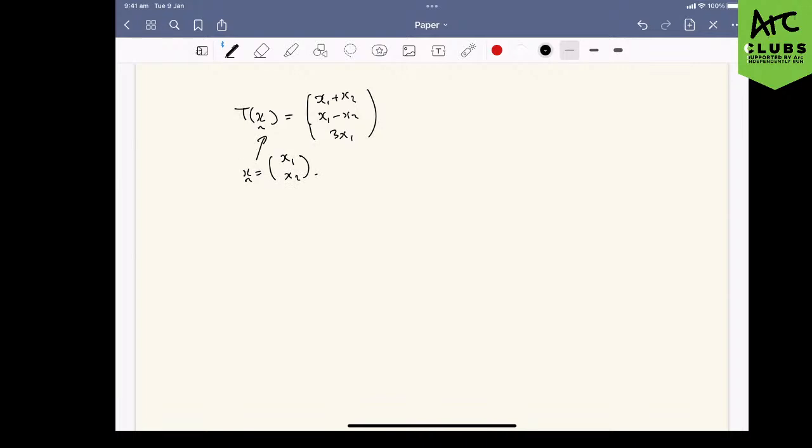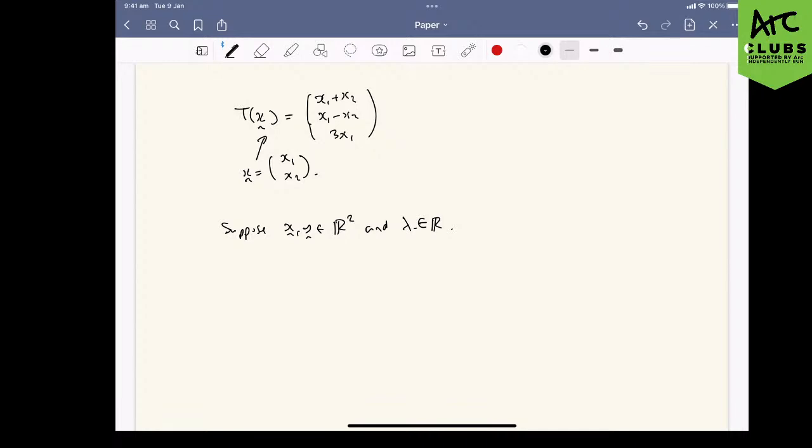Okay, how do we show that this is linear? We just apply the easier theorem that we just saw in the previous slide. Suppose x and y are in R2, and lambda is a scalar. In this case, let's just assume it's real. All we need to do is find T of x plus lambda y, and then show that it's equal to Tx plus lambda Ty.